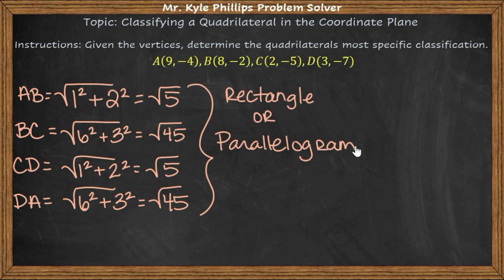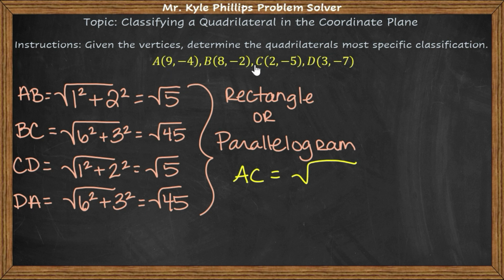Now, how do we distinguish between the two? Well, in a rectangle, the diagonals are congruent, and in a parallelogram, the diagonals are not. So what we need to do now is compare our diagonals. I'm going to compare A to C, so I need to find that distance.